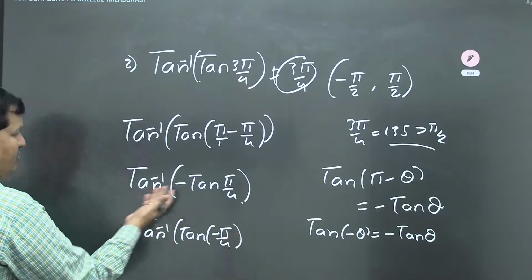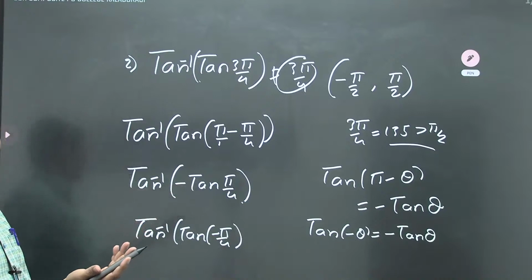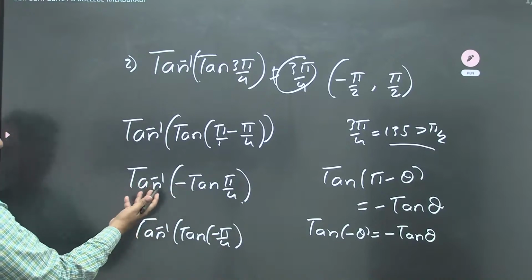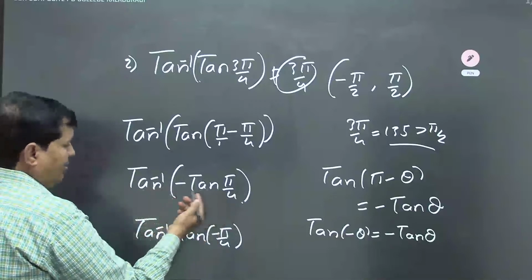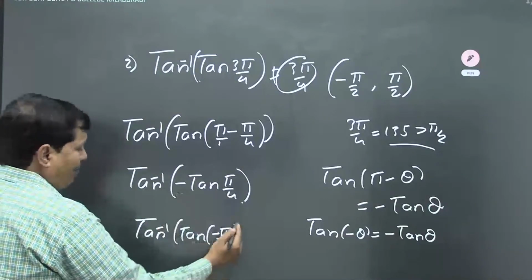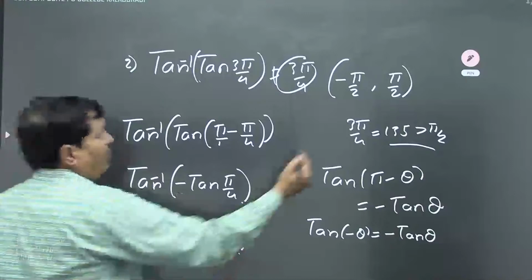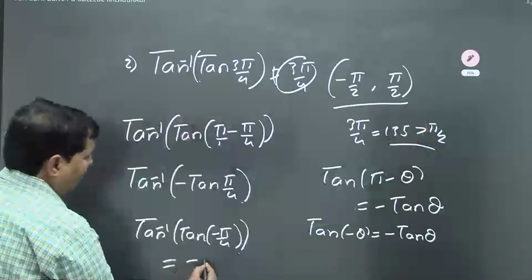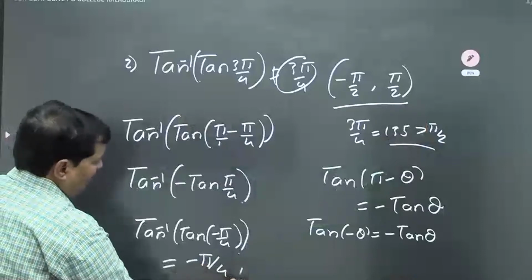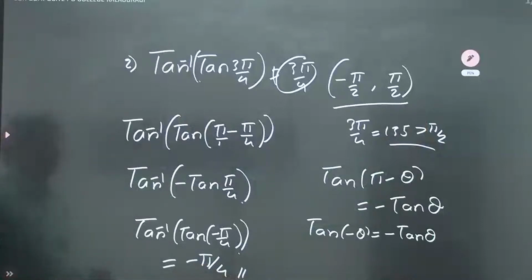Or you can write tan inverse of minus x as minus tan inverse of x. So by using that property also, you can simplify. Otherwise, tan of minus theta is minus tan theta, and they can replace tan of pi by 4. Now minus pi by 4 lies between minus pi by 2 and pi by 2. Therefore, you can write minus pi by 4 as the answer.